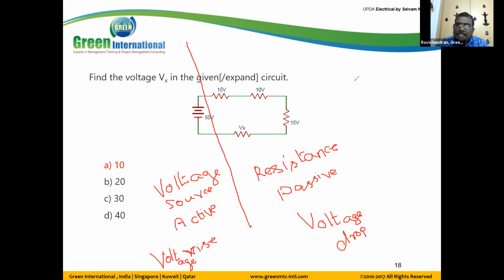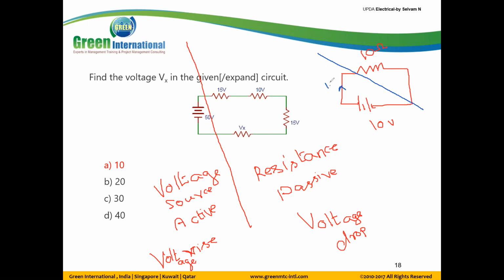Before going to this problem, here we have 10 volt and a 10 ohm resistor. How much current will flow here? 1 amp of current flows.